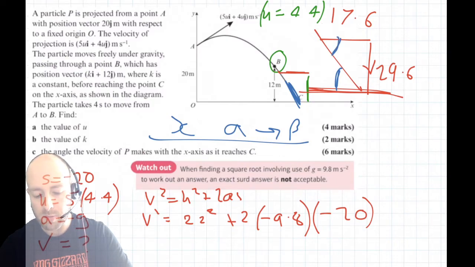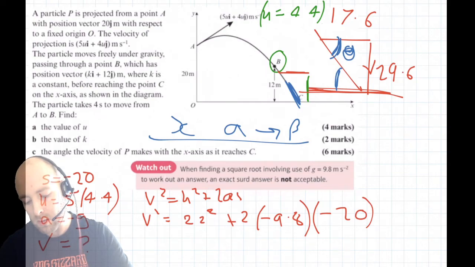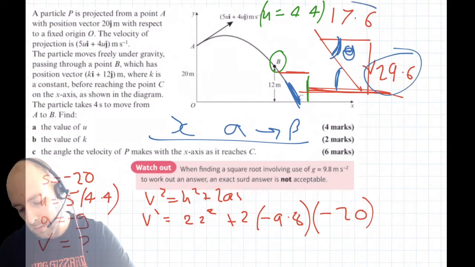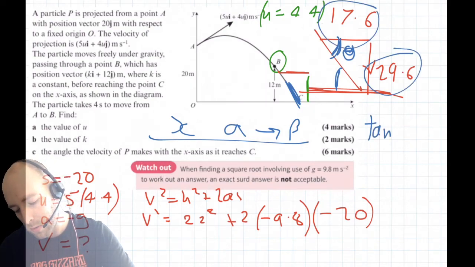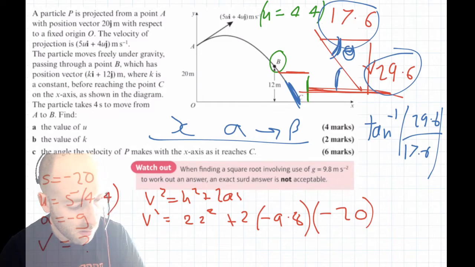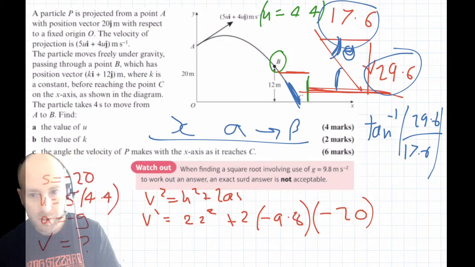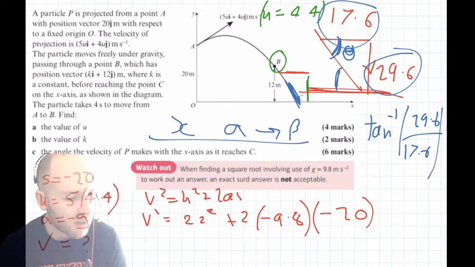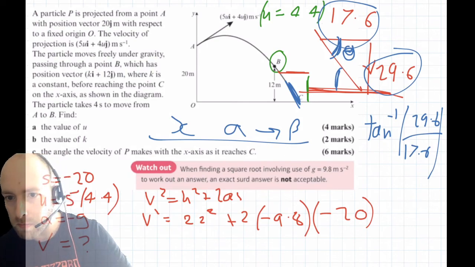So if I call that one theta, it's going to be tan of the opposite over the adjacent. So tan to the minus 1, 29.6 over 17.6. And what do we get? We get 59, which, that's a bit different to what a couple of you guys said.